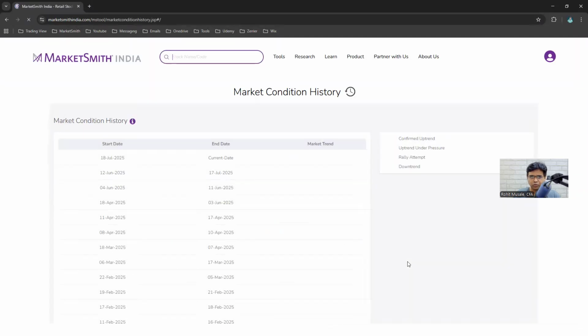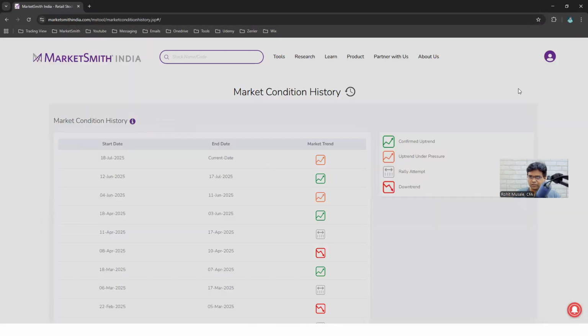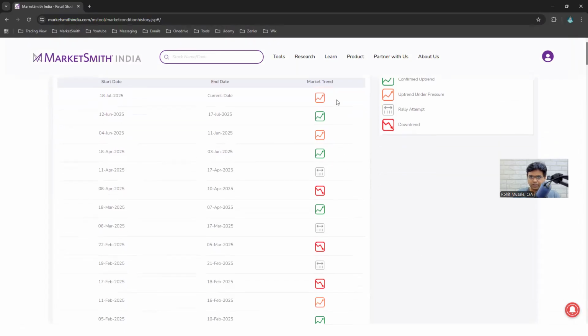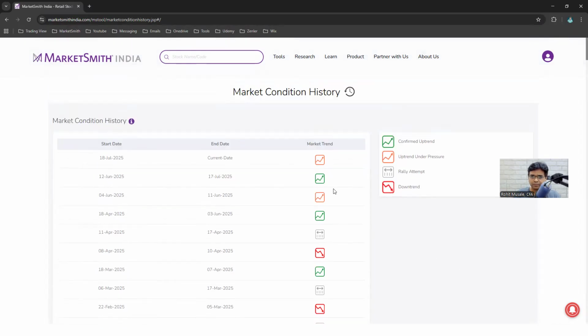Then you click view more. See, this is also free information. Currently, you see orange color, the market is uptrend under pressure since 18th of July. As I record this video, today is Independence Day, 15th of August. Happy Independence Day to all of you. So as of today, it is uptrend under pressure, right?